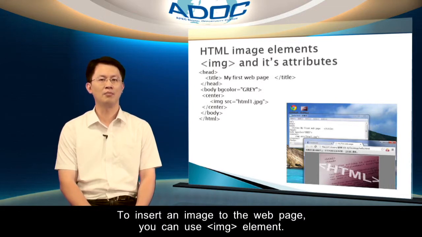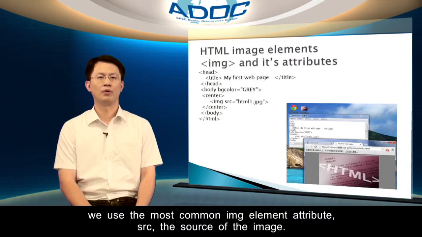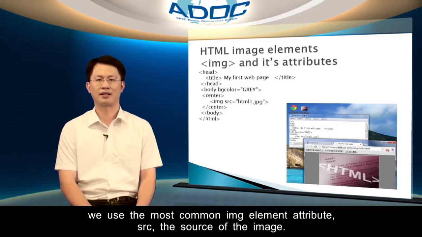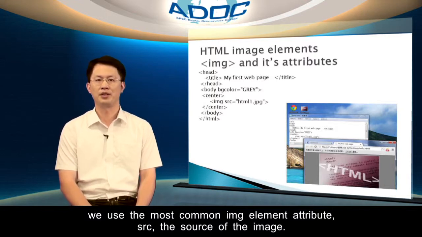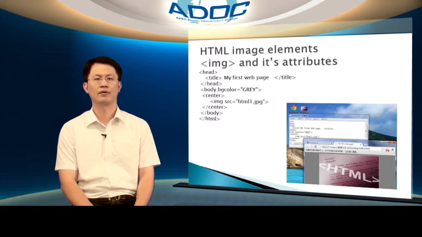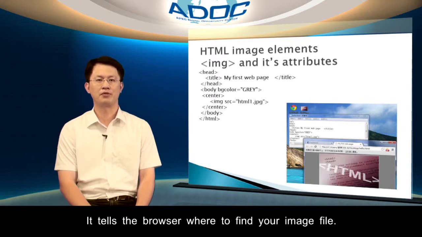To insert an image into the web page, you can use IMG elements. In the examples, we use the common IMG element attribute, SRC, the source of the image. It tells the browser where to find your image file.